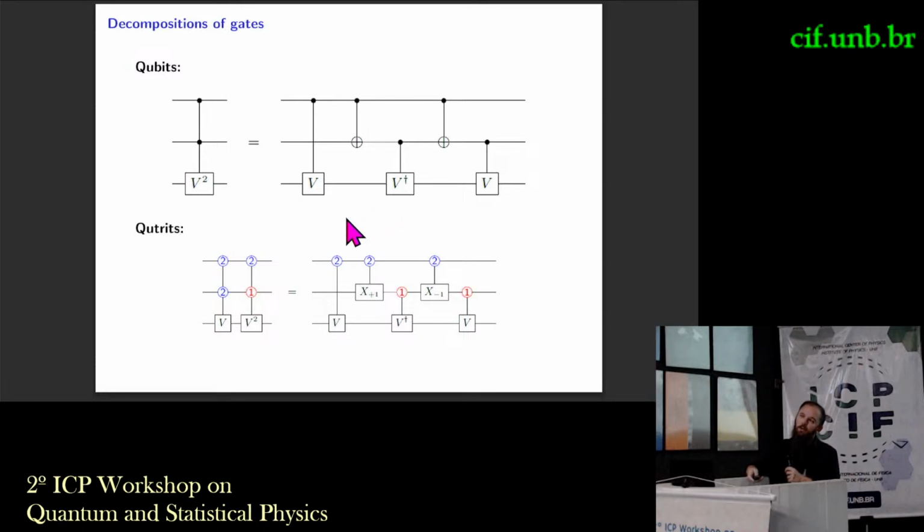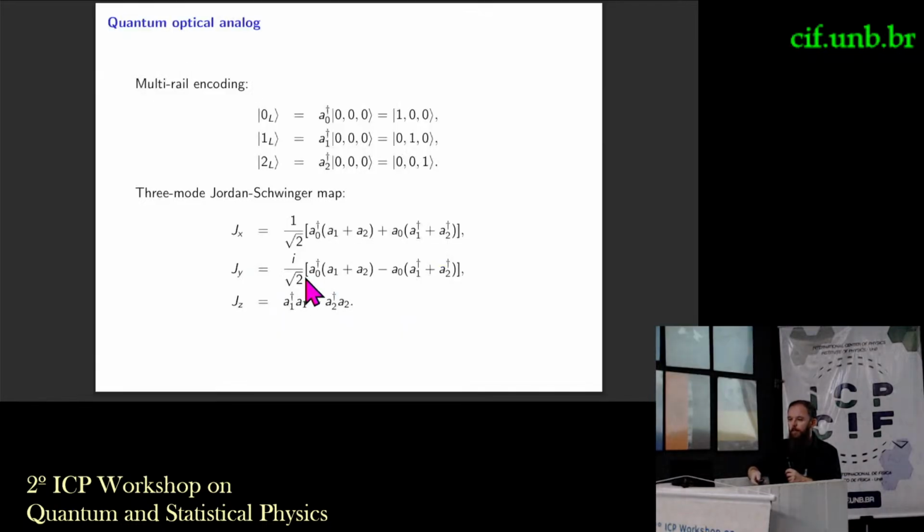If you think physics computationally, you get new physical results, in my view. So this is the decomposition for qubits, but there are many more.